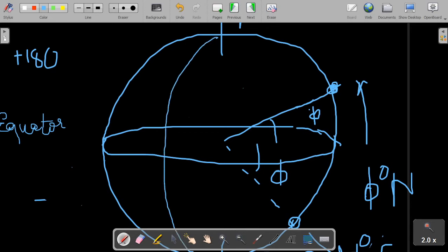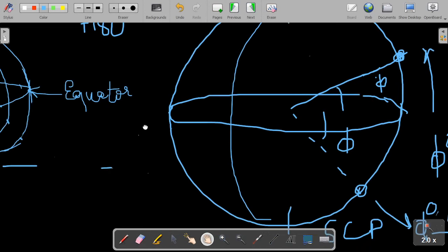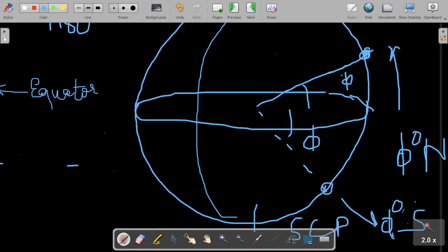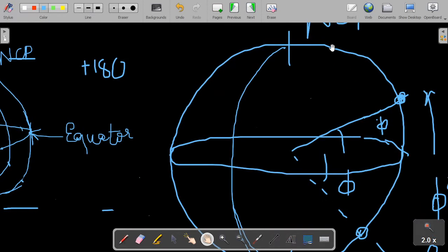And the meridian is defined like an arc, not an arc basically, but I think you can call it an arc just for the sake of simplicity, connecting the north and south poles. Or let's just call it a great semicircle, shall we? Yeah, that sounds a little bit cooler.